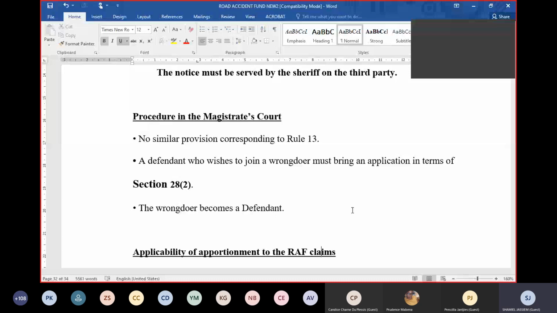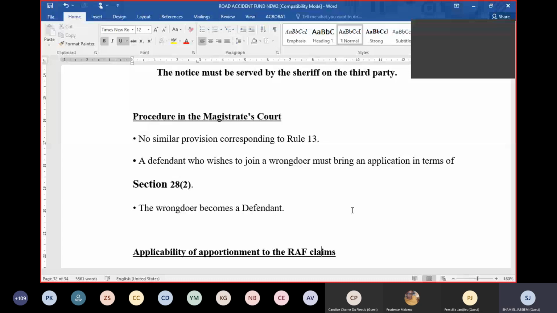Let's look at an example. I am claiming from the Road Accident Fund. I was the driver of motor vehicle A, and I was involved in a collision with motor vehicle B driven by B. Both of us failed to stop at a four-way intersection.